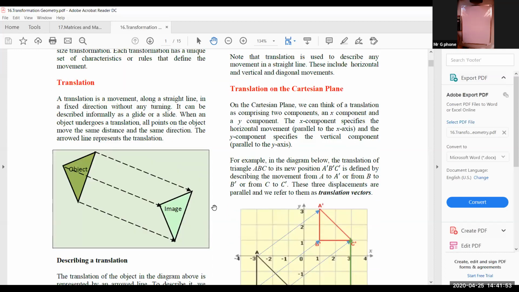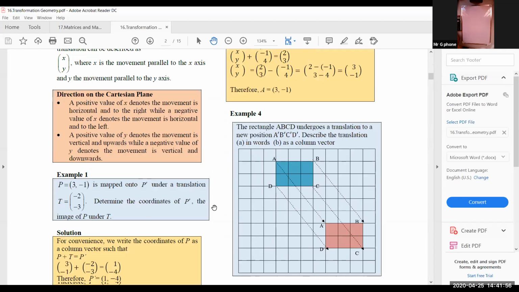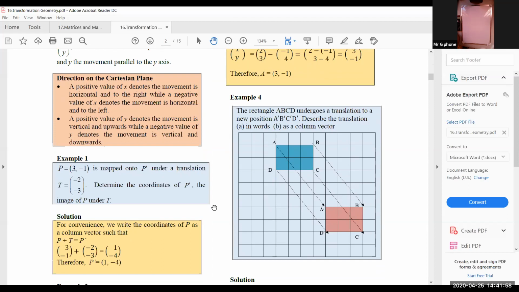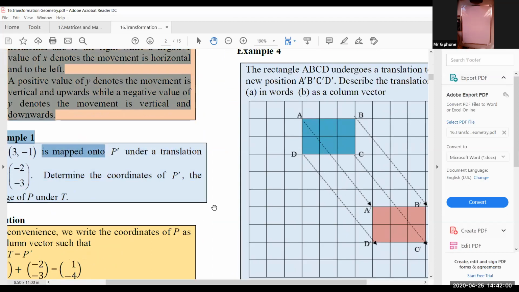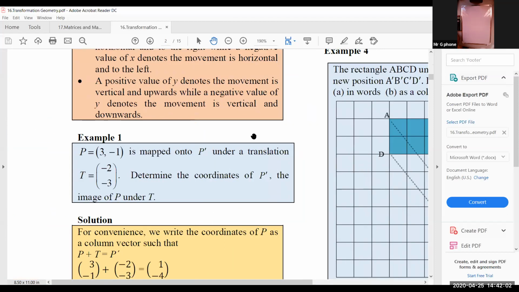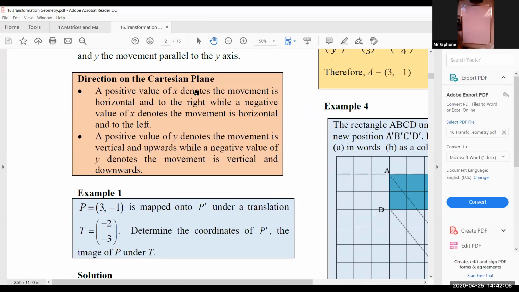Let's look at translation in the Cartesian plane. I'm going to show you all an easy way to do it, right? So let us consider this here. Let's go straight to the important stuff. A positive value of x denotes the movement is horizontal and to the right, while a negative value of x denotes the movement is horizontal and to the left.